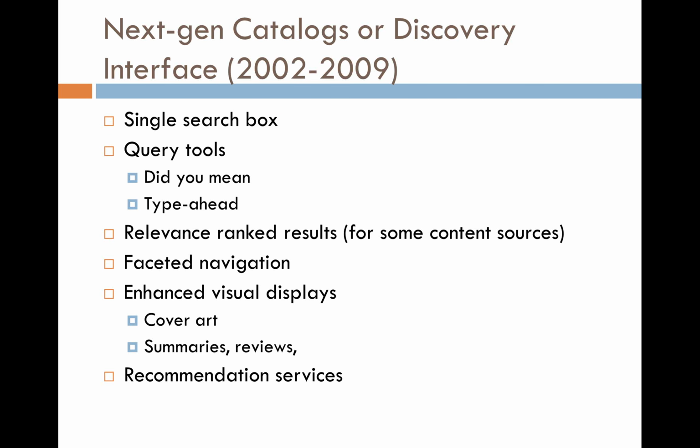And libraries have been working on trying to have better catalogs and interfaces to their collections. I followed the next generation library catalog genre of software. It's still going on to a certain extent. It tried to improve the online catalogs a bit, adding better tools with some of the features here that you see, making them work a little bit more like the interface conventions on the web, but it didn't really improve the scope that much.